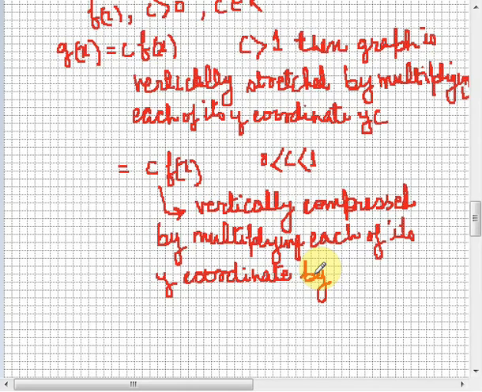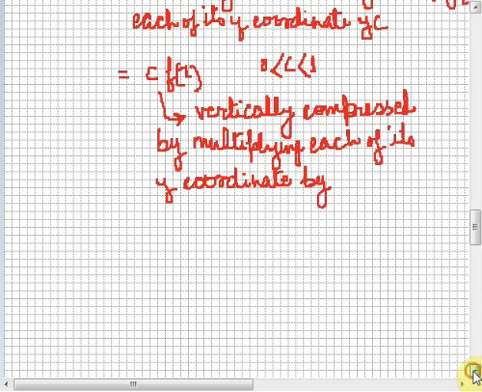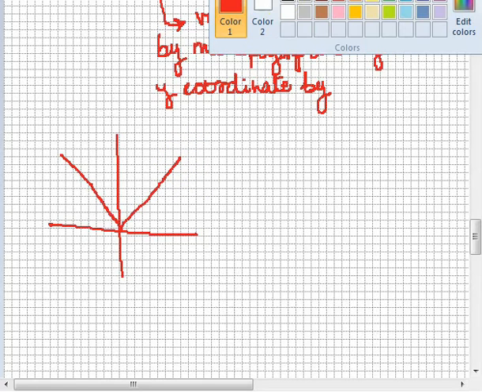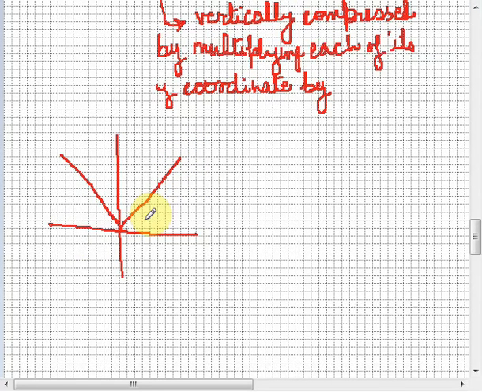For understanding this compression and stretching, we have to understand the meaning of this. Suppose this is the graph of a function, the graph of mod x. Stretching means every point in the graph is moved upward.